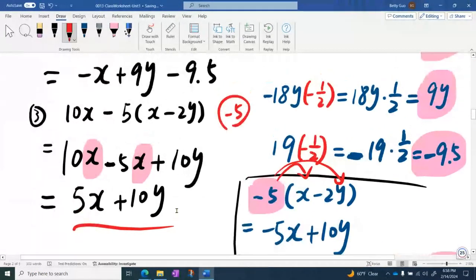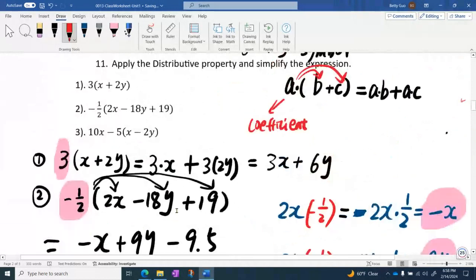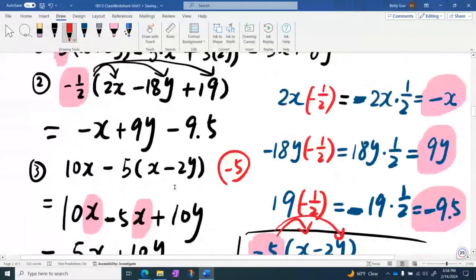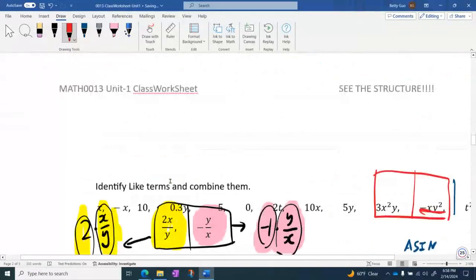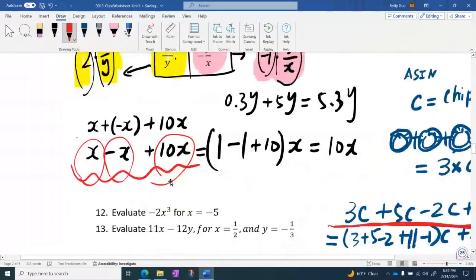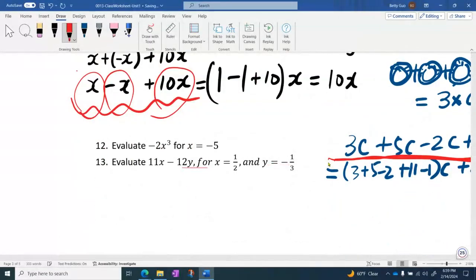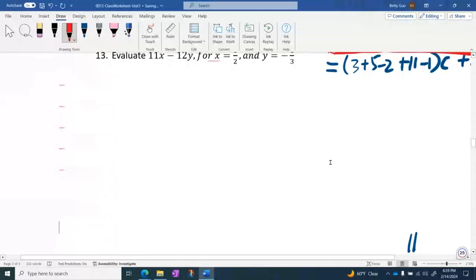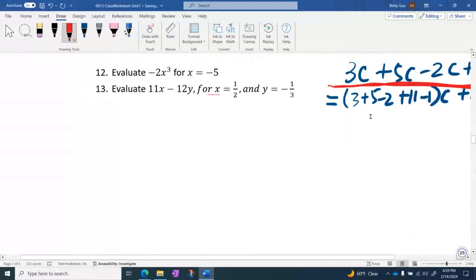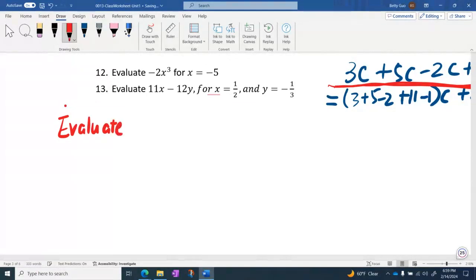The second topic we are going to cover is how to evaluate expressions. So next we are going to use number 12 and 13 in the class worksheet to talk about how we evaluate expressions.